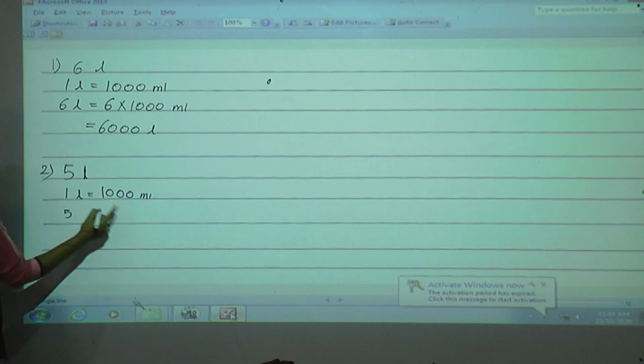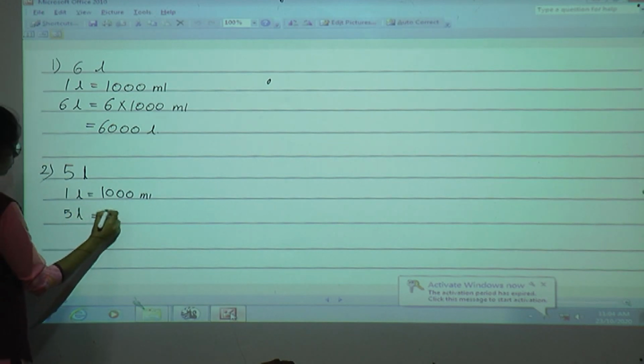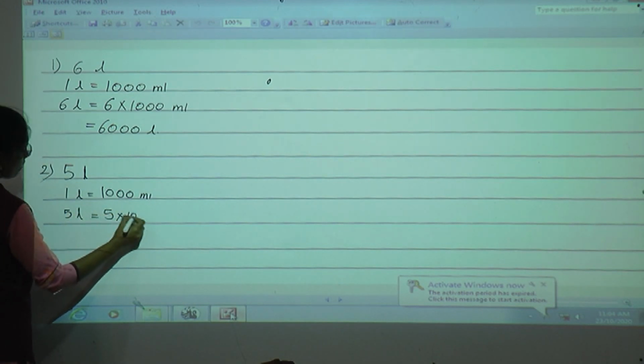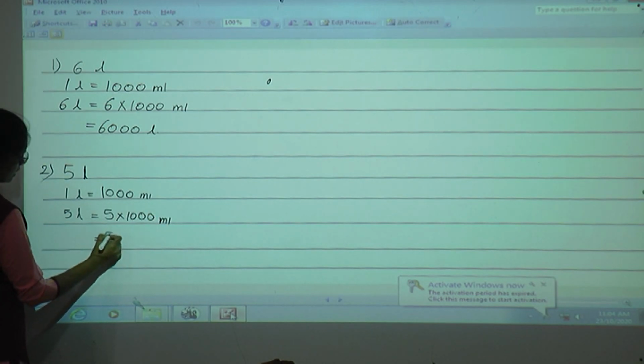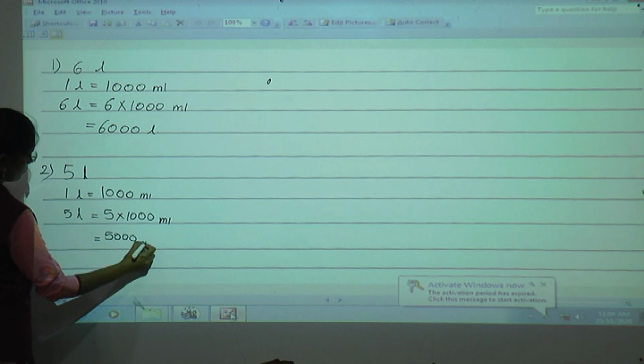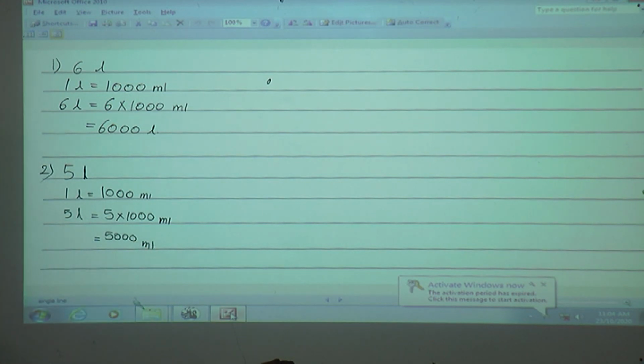If 1 liter is equal to 1000, then 5 liters is equal to what? 5 into 1000, or else simply we can give 3 zeros. So 5000 ml. Okay. Next example, see the fifth one. 6 liters, 706 milliliters.